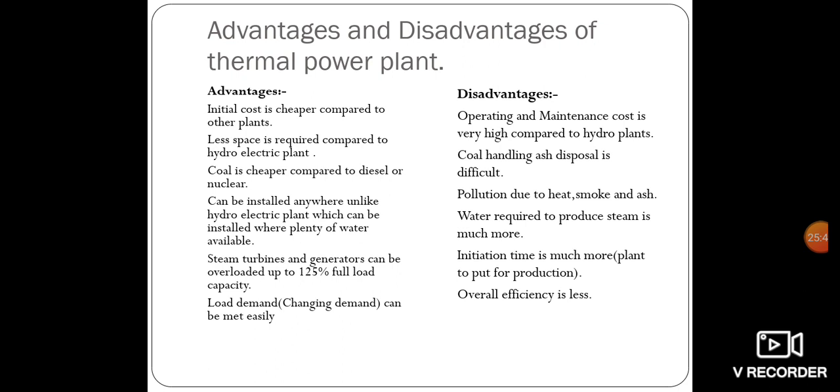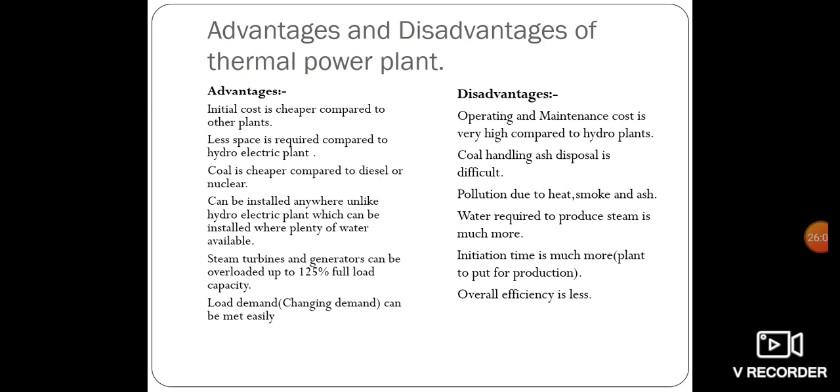Hydroelectric power plants, unlike coal power plants, have to be installed wherever plenty of water is available with a high head, and a dam has to be constructed. So it cannot be constructed anywhere, only at particular locations.